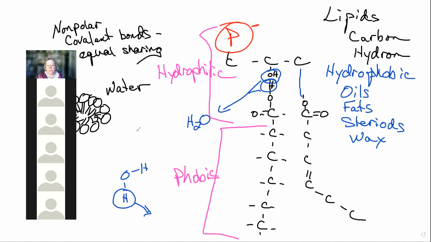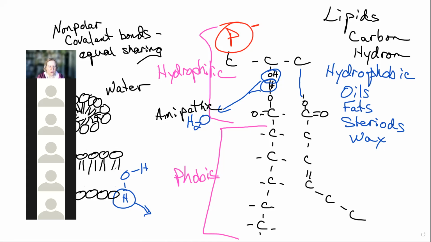And when we're talking cells, these amphipathic complex phospholipids, instead of forming little globs, instead they line up like this, and we get what we call a phospholipid bilayer.